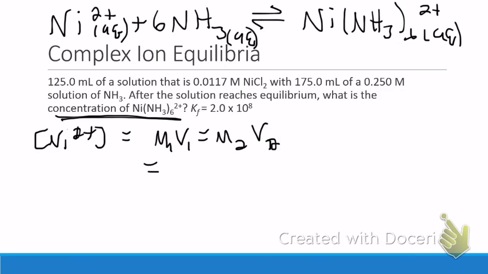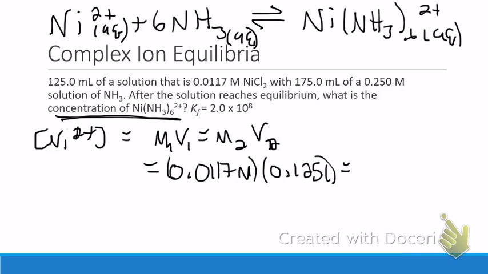In this case, our initial concentration is going to be 0.0117 molar nickel chloride, and our initial volume is 125 milliliters. I'm going to convert that to liters. It's going to be 0.125 liters, and that will be equal to our final concentration, which is what we want to find, times our final volume.